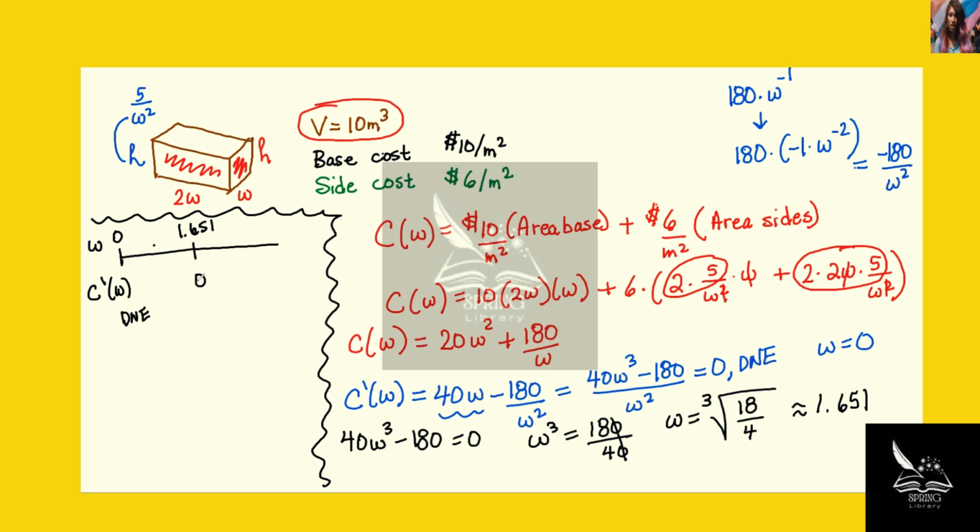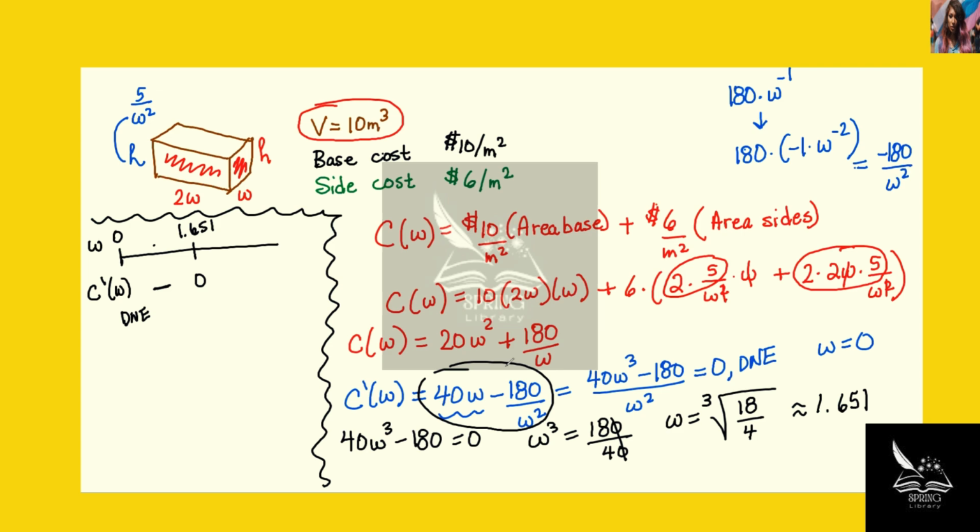Okay, so let's see what happens if we plug in something smaller than 1.65 into our expression. Let's plug in, say, 1. If we plug in 1 for C prime, I will get 40 minus 180. That is definitely negative. Now let's plug in something bigger than 1.651. How about 2? If I plug in 2, that gives me 80 minus 180 over 4.